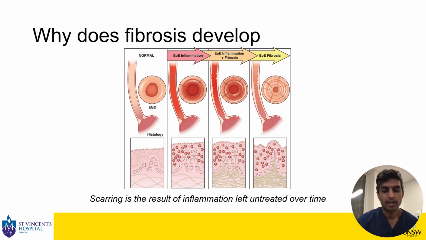Initially, we go from a normal appearing esophagus to the start of EoE when there is predominantly just inflammation present. Inflammation on its own can start leading to symptoms, but in many people we see more symptoms start to develop as the second component develops, which is fibrosis.